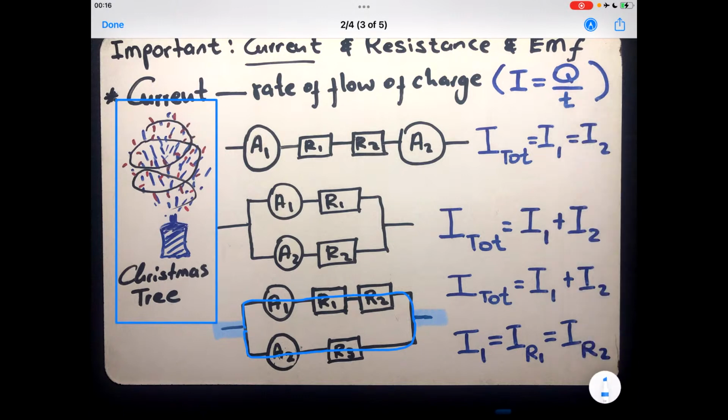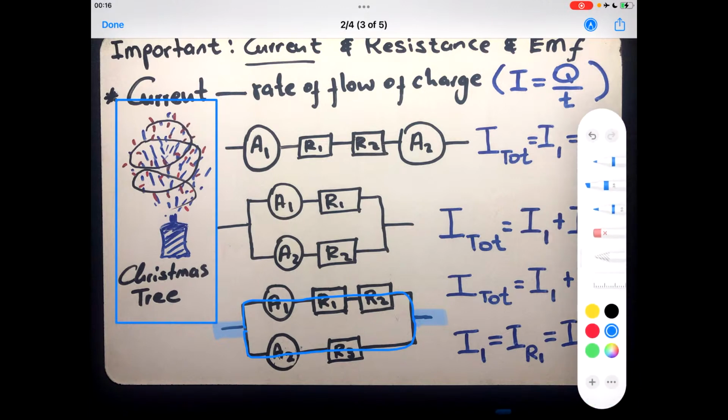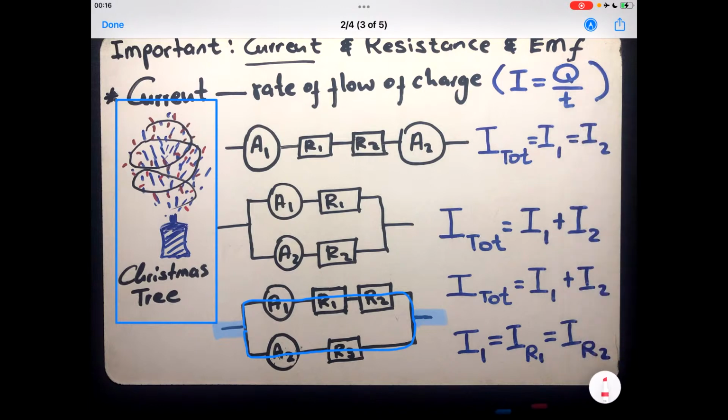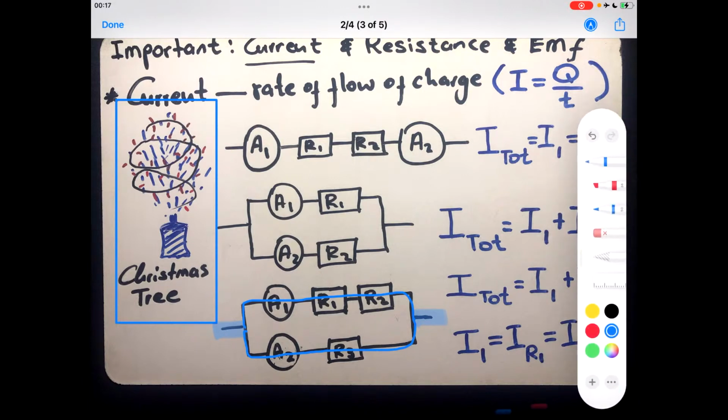Again, the same explanation regarding current can be applied in this case.